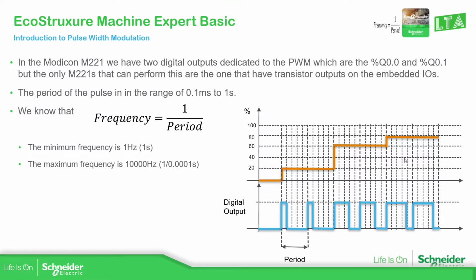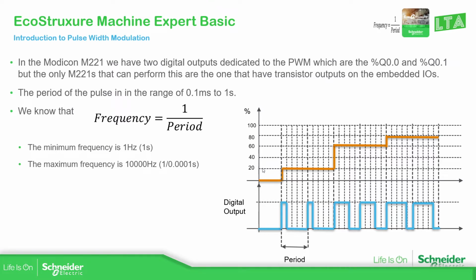Imagine this graphic that you can see over here, where the analog value can go from 0 to 100. If the value is 0, as you can see here, the pulse will be 0; we're going to see a 0 on the output.